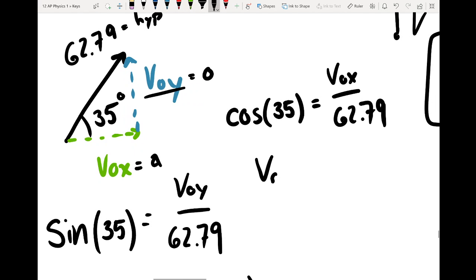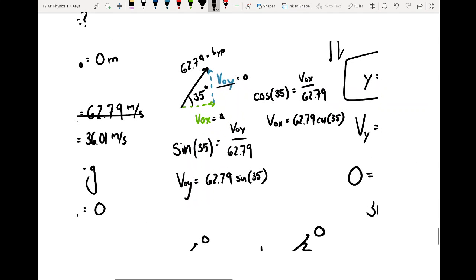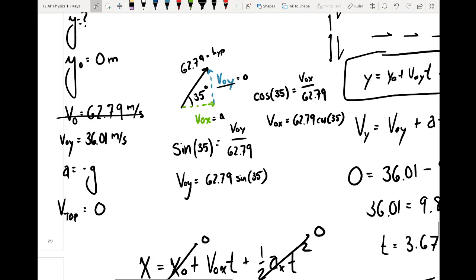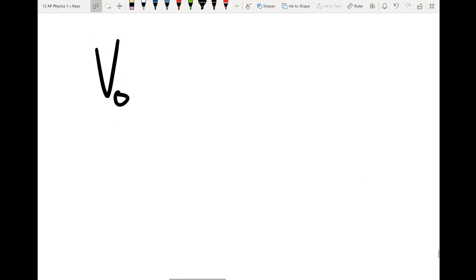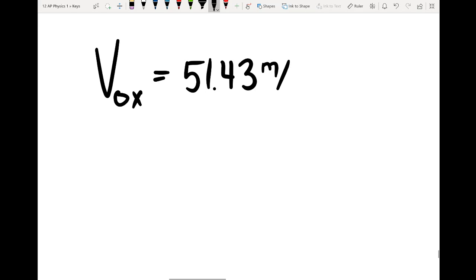So then v naught x is just equal to 62.79 cosine of 35. So we have a v naught x of 51.43 meters per second.